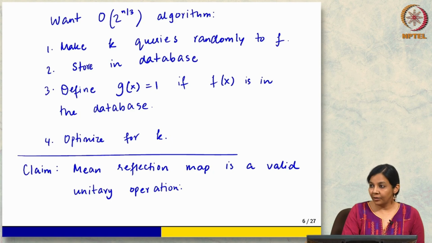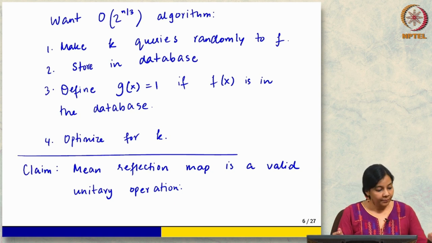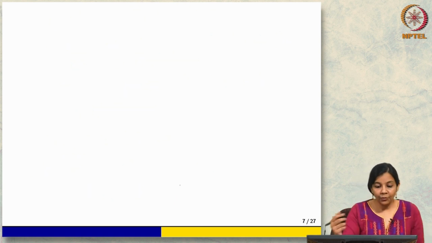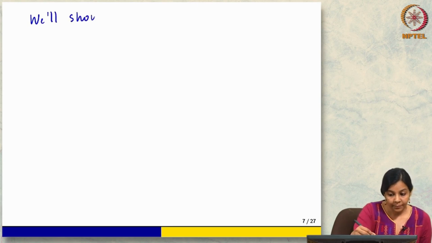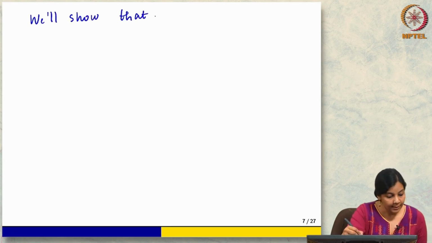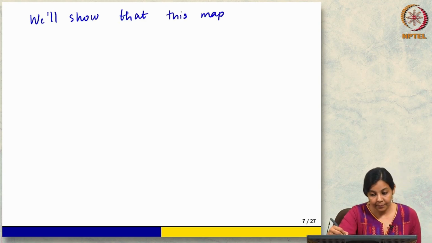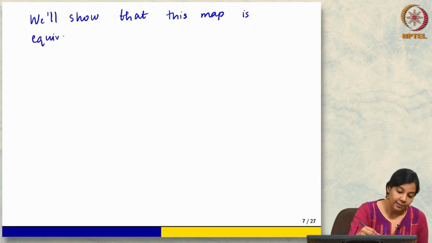So, this is important to establish this. So, what we will show is that this map is equivalent to this circuit.